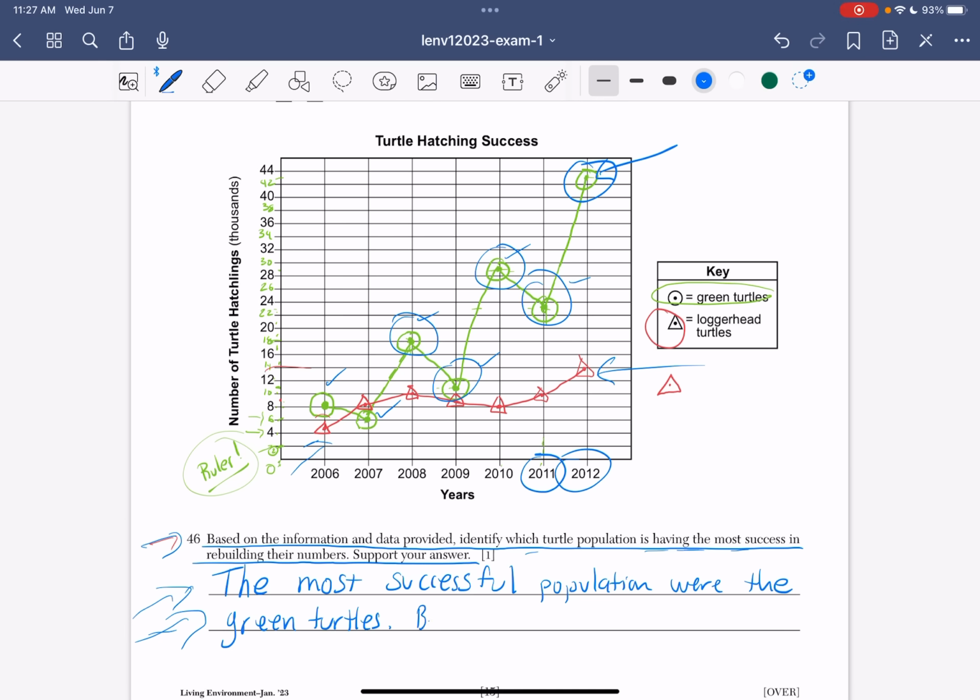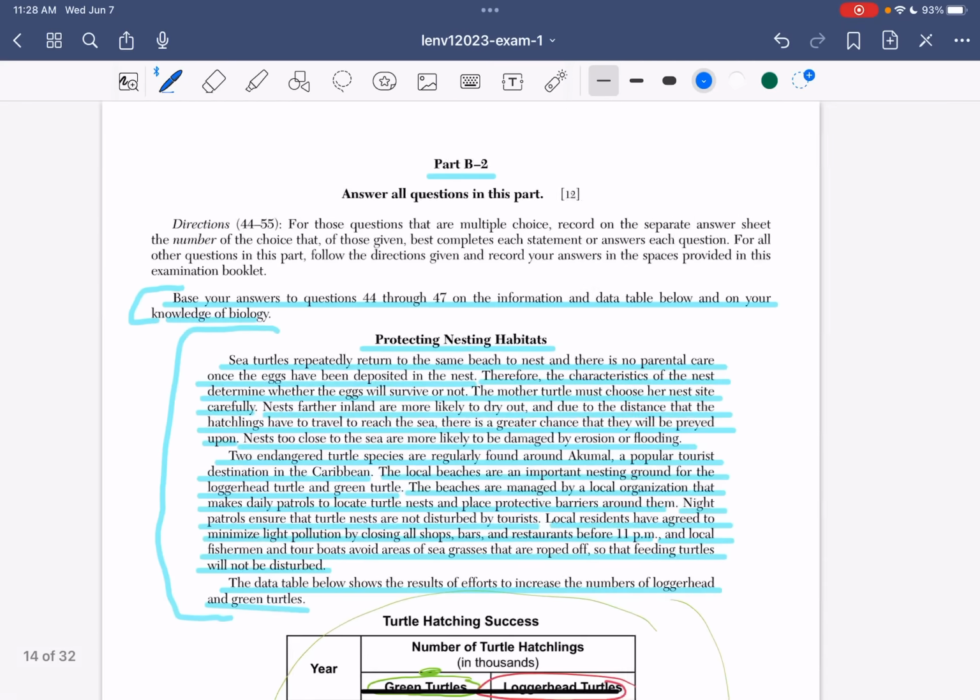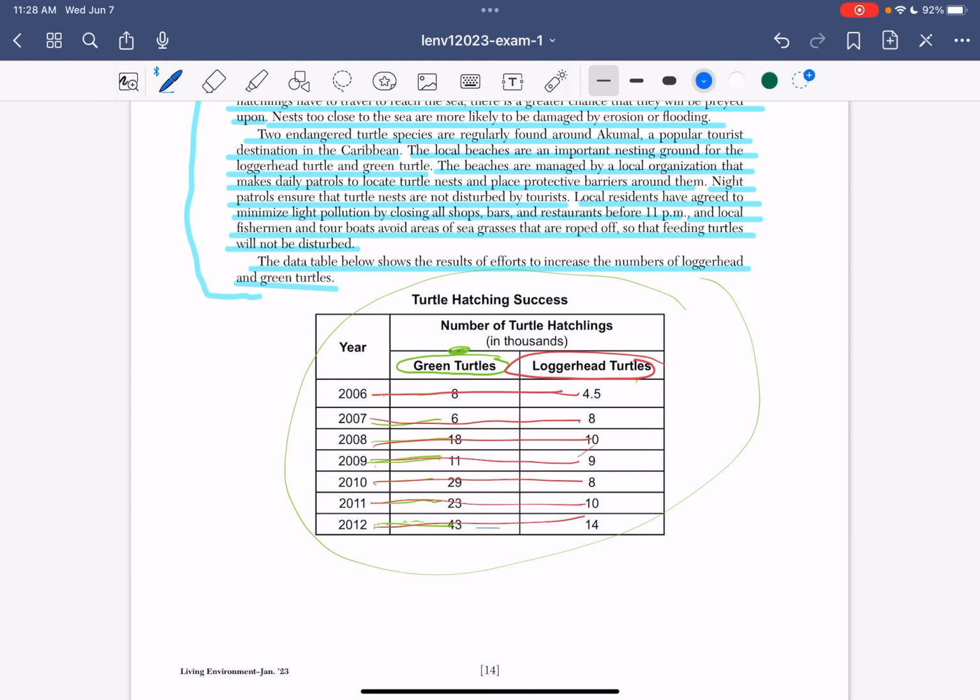You can say because in 2012, 43 turtles hatched for the green turtles, and only, 2012 was about, what was it? 2012 was 14.